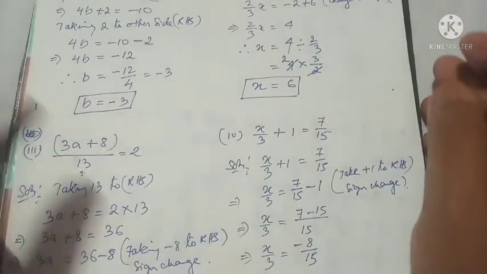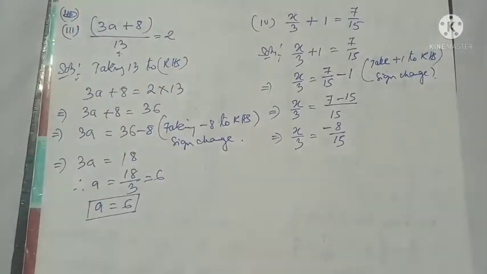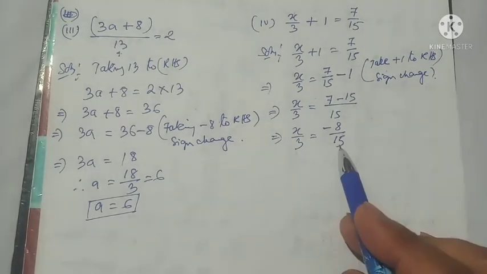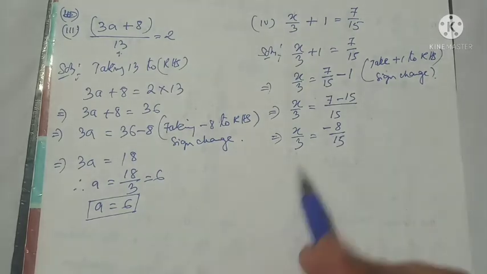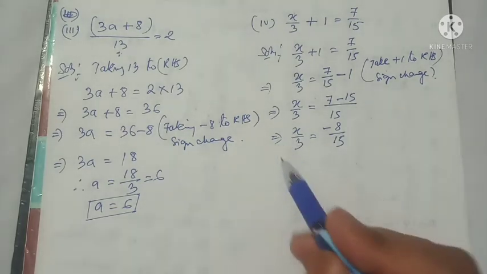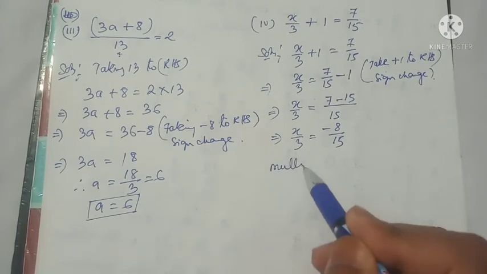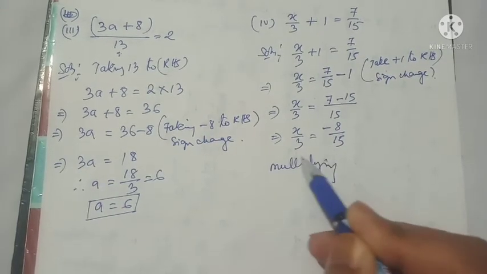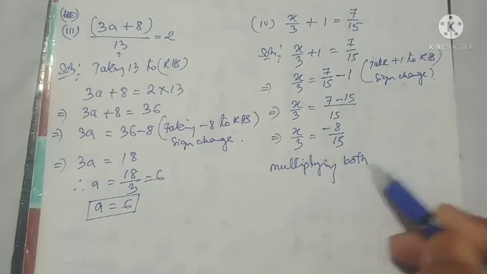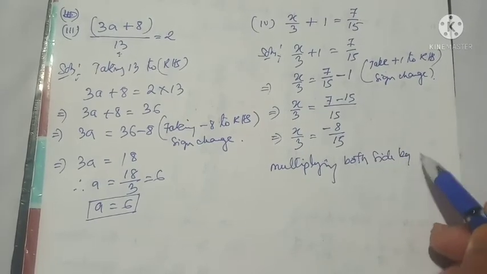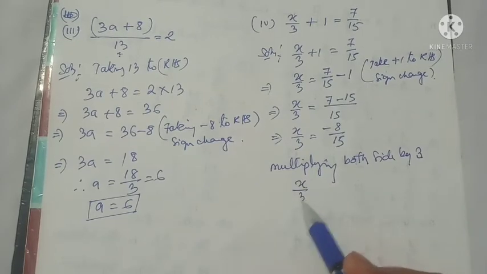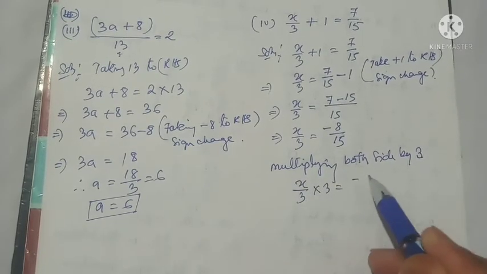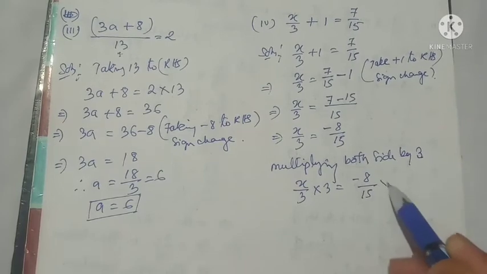Now to solve this type of equation, we can use the systematic method also. Here, multiplying both sides by 3, x into 3, 3 minus 18, 15 into 3.